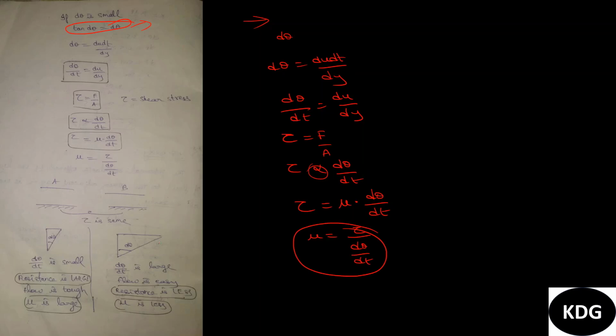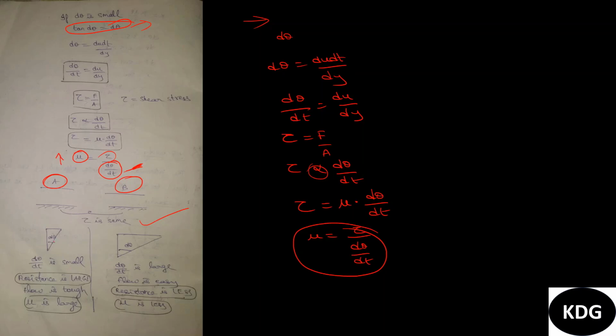Okay, suppose we consider two conditions, A and B. If shear stress is the same and dθ by dt is very small, then obviously mu is going to be more. If dθ by dt is small, resistance is large, flow is tough, and mu is large.